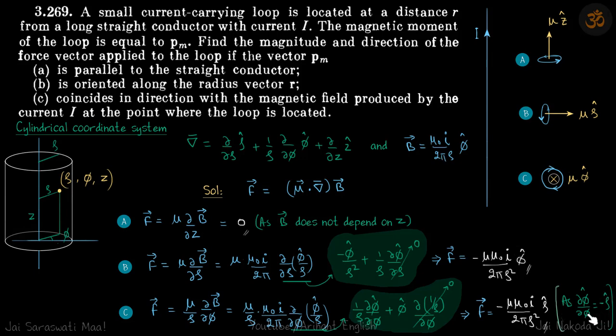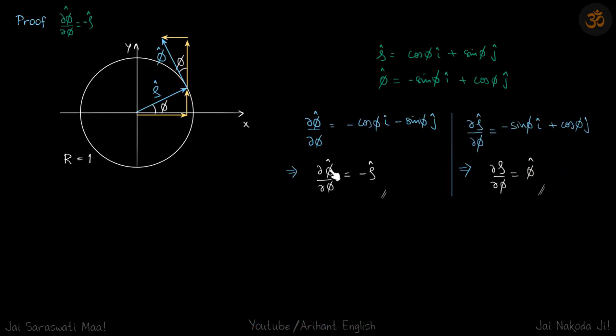Now let's see the derivation of this. Let's take a circle of unit radius. Let's say this vector represents rho cap, and perpendicular to it will be phi cap. Rho cap in terms of x and y coordinates, if I break it into components, I can write as rho cap is equal to cos phi i cap plus sin phi j cap.